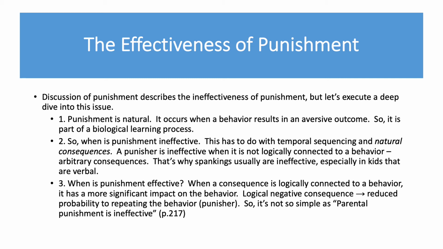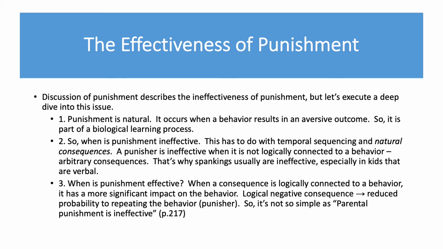So the trick here is to make a negative consequence that's designed to be a punisher. If you want to weaken a behavior, make it as much a logical consequence of that behavior as possible. The most ineffective punishers are the arbitrary ones, where the punishment itself has absolutely nothing to do with the behavior you're trying to get rid of. That's when the punisher becomes ineffective, and it doesn't generalize.